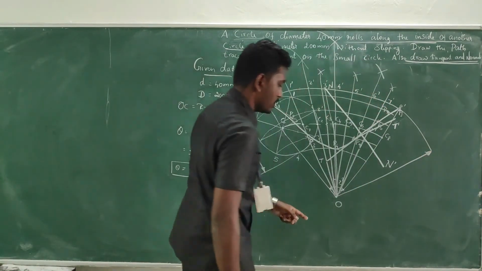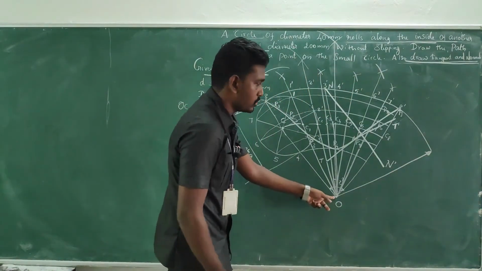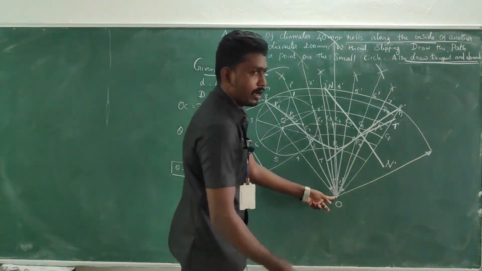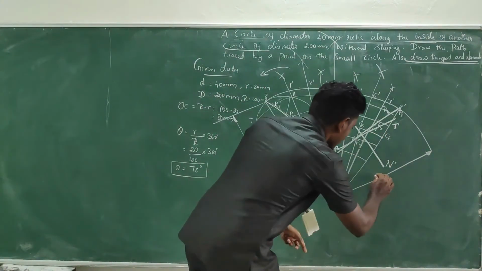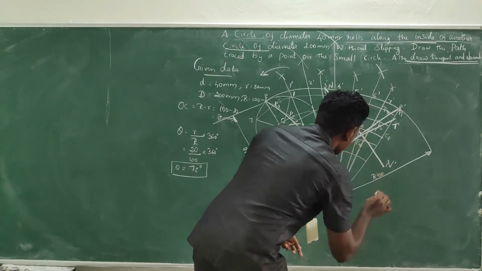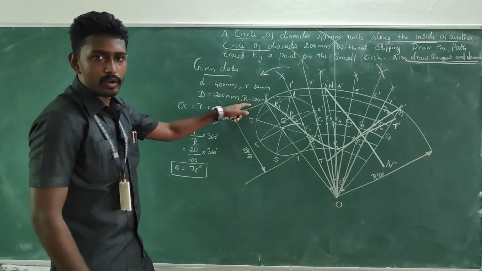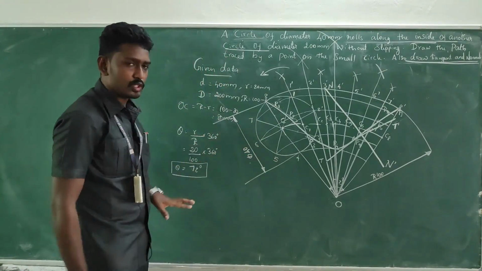Just do it like this. I have marked the radius, so draw the filled arrow at one end alone. Right above the line, write R 100. Okay, so the dimensioning is over.